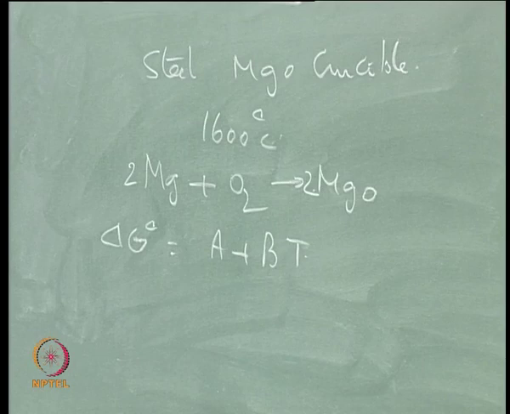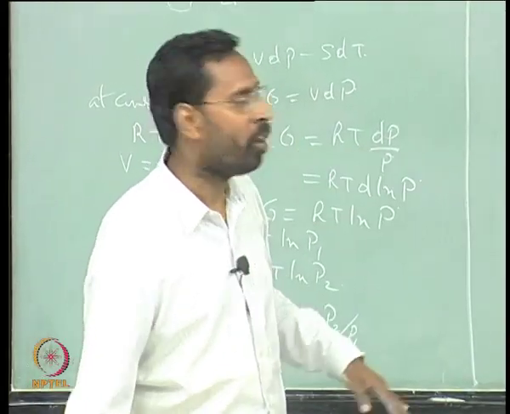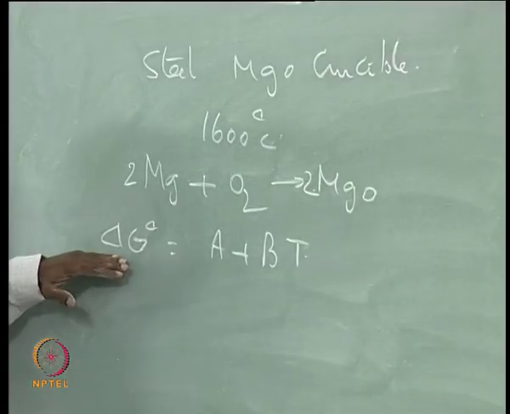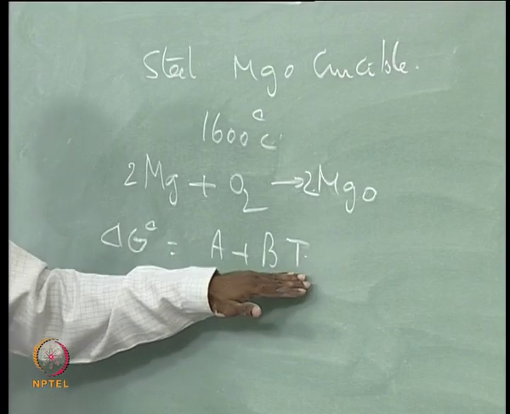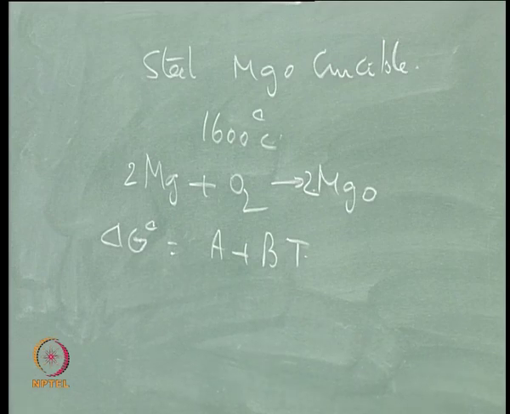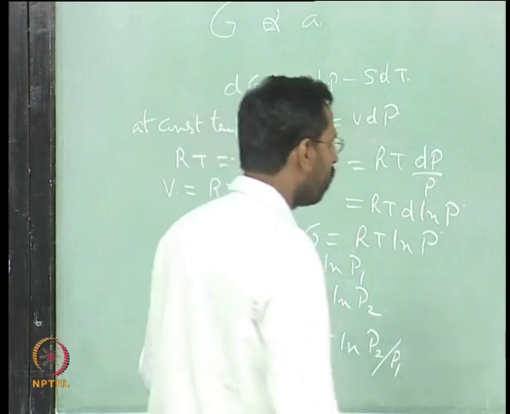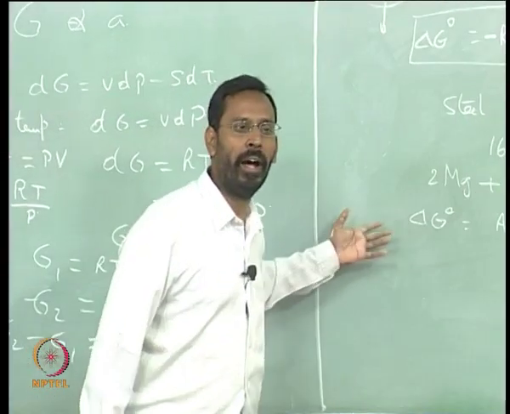If you go to any standard handbook on thermodynamics, you will see for various reactions what this is in terms of temperature, particularly what the A and B values are for various oxidation reactions, and reactions where sulfides form, sulfates form, and such reactions. They are all tabulated.